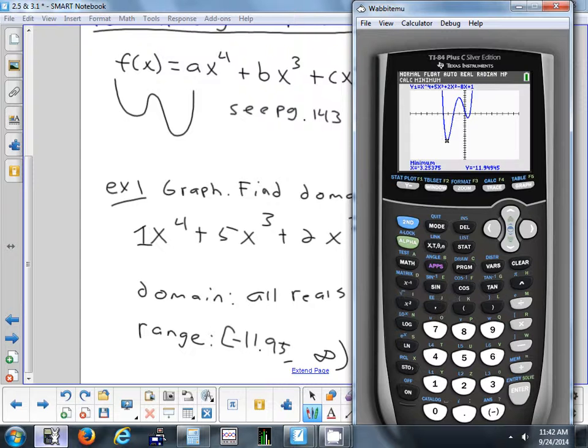Just remember, your range is just how low it goes and how high it goes. So it will never stop going up. And it will never turn again because this is a quartic polynomial, so it can turn 3 times. And I can see all 3 turns on the screen. 1, 2, 3. So it's not going to turn and come back down later on. That's not possible.